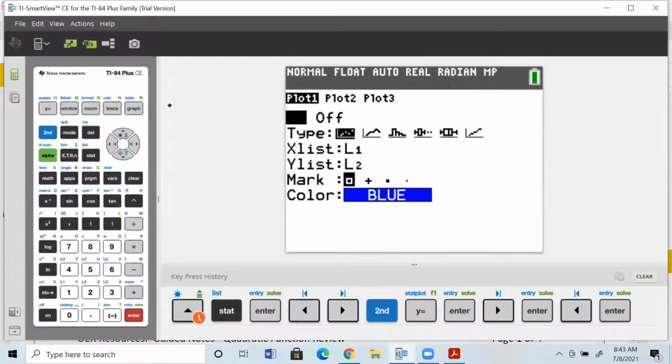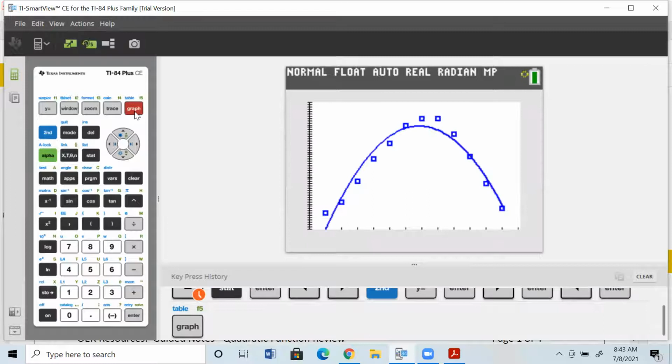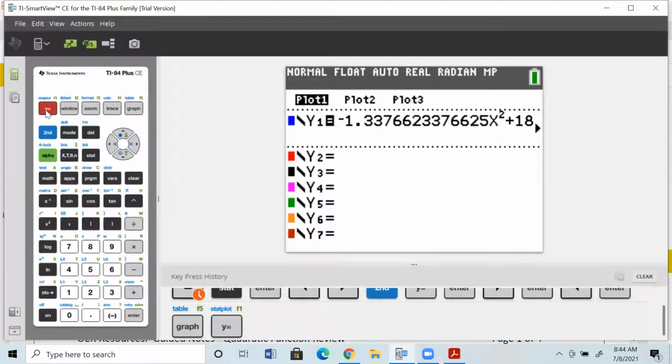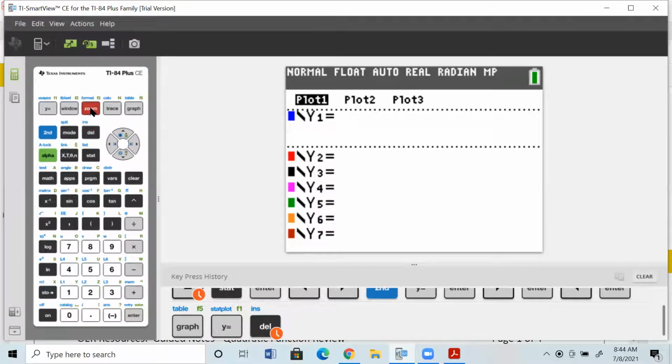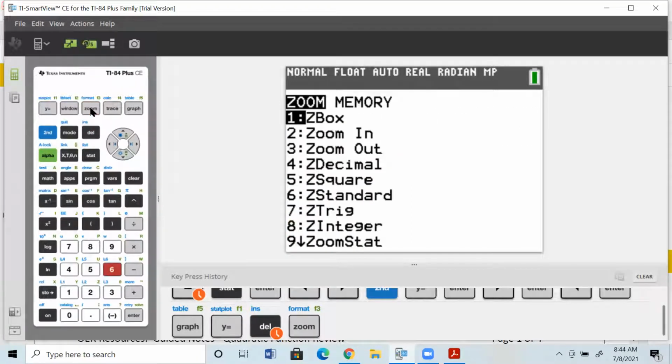If you go to your graphing calculator now and press graph, yours may or may not look like my picture. So let's take a look at how we can get on the same page here. I'm going to clear out some of the information from my calculator and then back up so that we can look at everything together.